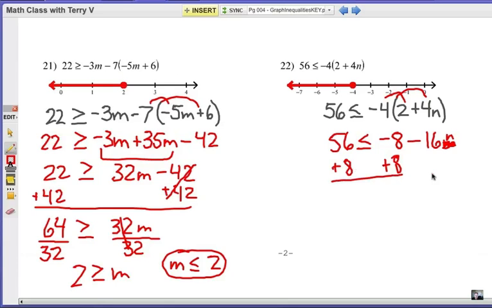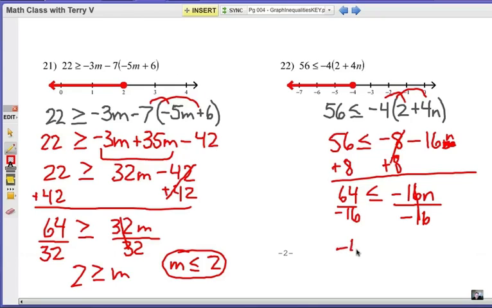We want to get that n term by itself. And so I'm going to get 64 less than or equal to negative 16n. We're going to divide by a negative 16 so we can get the n by itself, right? And notice, since it's dividing by a negative, yes, we do flip the sign around. So instead of less than or equal to, we're going to have greater than or equal to.